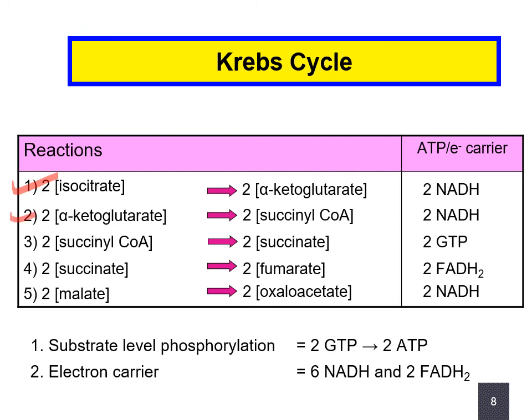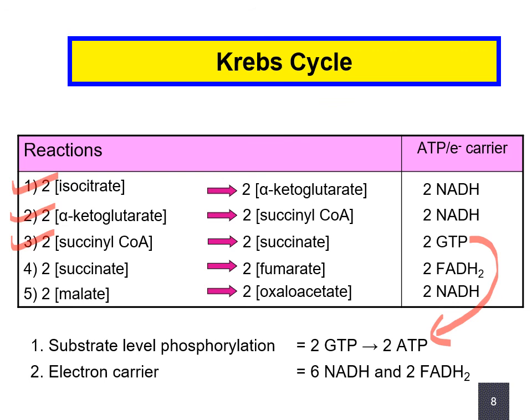And then 2 lagi NADH produced during oxidation of alpha ketoglutarate into succinyl coenzyme A. Begitu juga GTP is produced during conversion of succinyl coenzyme A into succinate, di mana 1 GTP ni dia akan transfer dia punya phosphate group to 1 molecule of ADP to synthesize ATP. So dia akan synthesize ATP ini secara substrate level phosphorylation. So dia akan hasilkan 2 ATP.